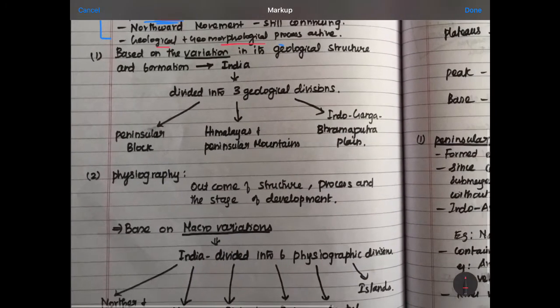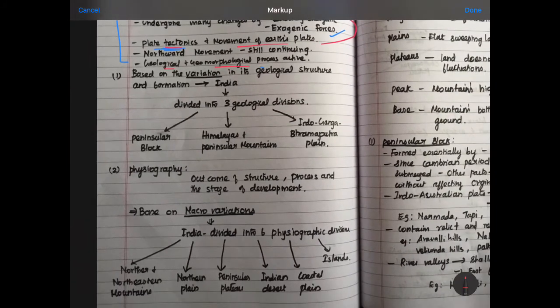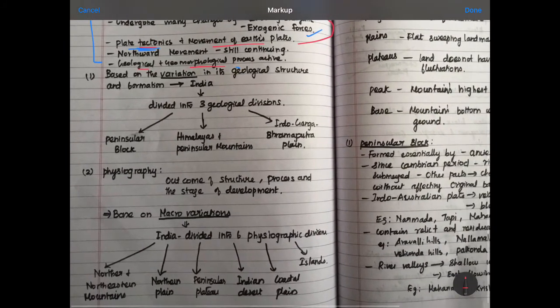When we come to India, this chapter mainly deals with Indian structure and physiography. India is divided mainly in two ways: based on structure and based on physiography. Based on the variation in its geological structure and formation, India is classified into three: the Peninsular Block, the Himalayas and Peninsular mountains, and the Indo-Ganga-Brahmaputra plain.